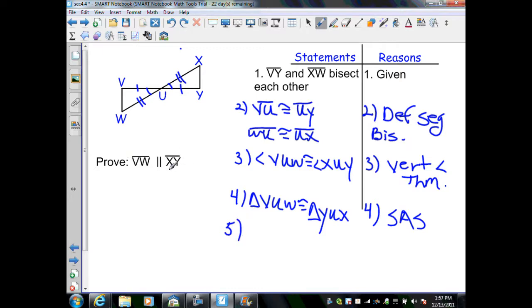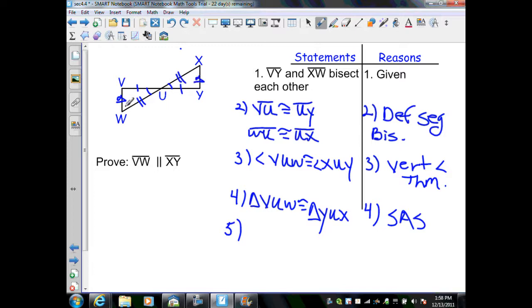I need to generate parallel lines, but to create parallel lines, I need congruent angles. I need VW parallel to XY. I can use two different angles.